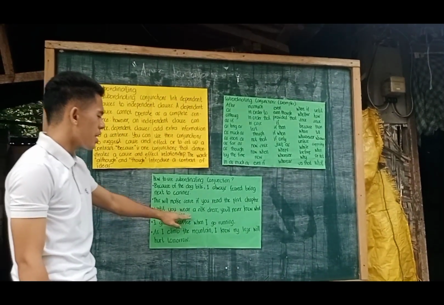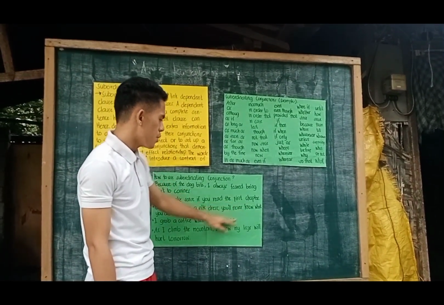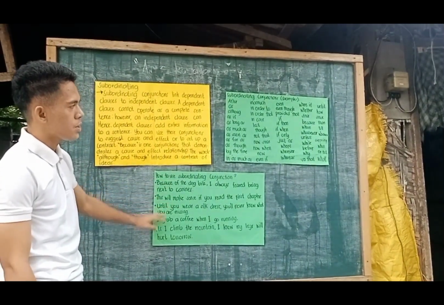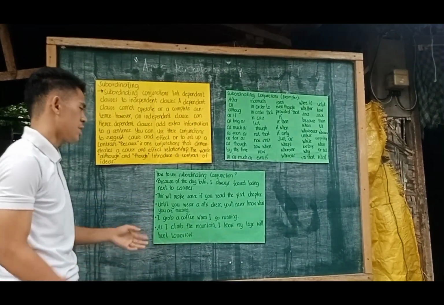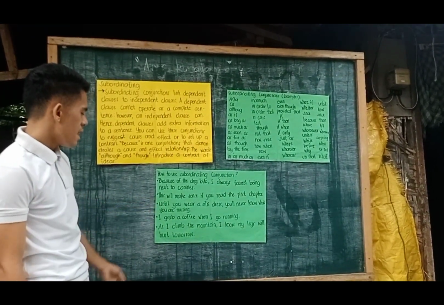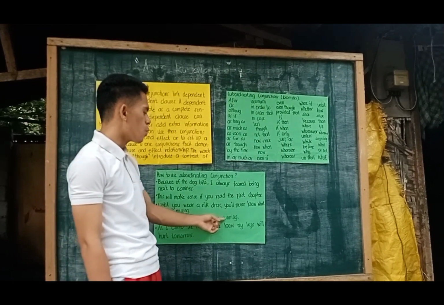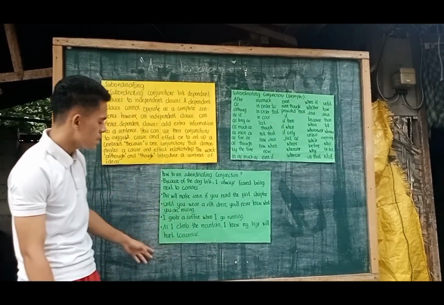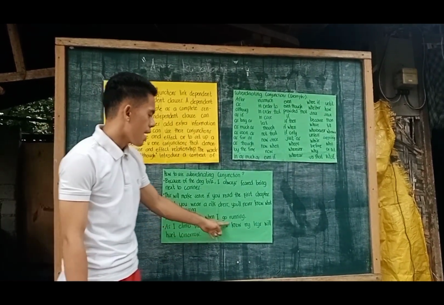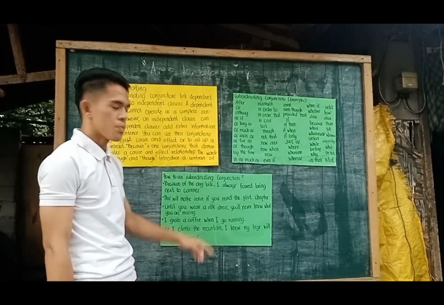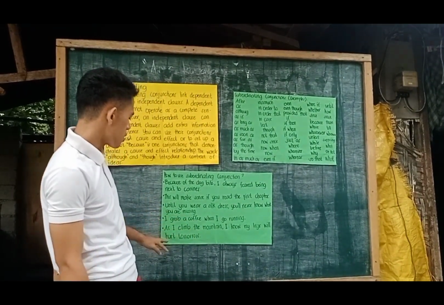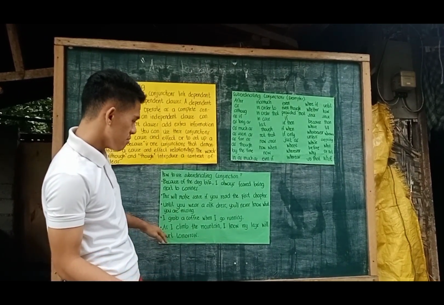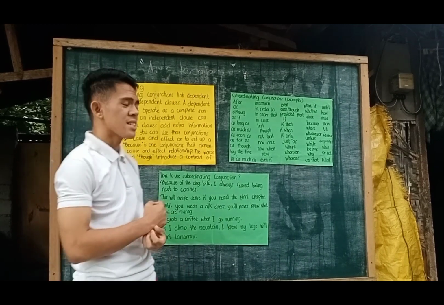Until you wear a silk dress, you'll never know what you are missing. The subordinating conjunction here is until. I grab a coffee when I go running. Here is the subordinating conjunction when. And as I climb the mountain, I know my legs will hurt tomorrow. We also have the conjunction as here.